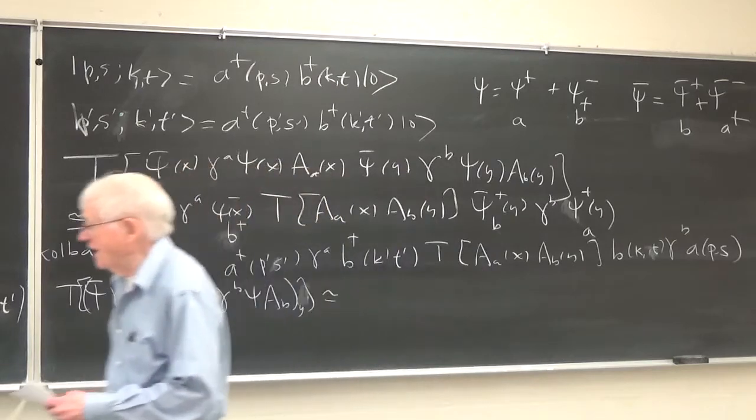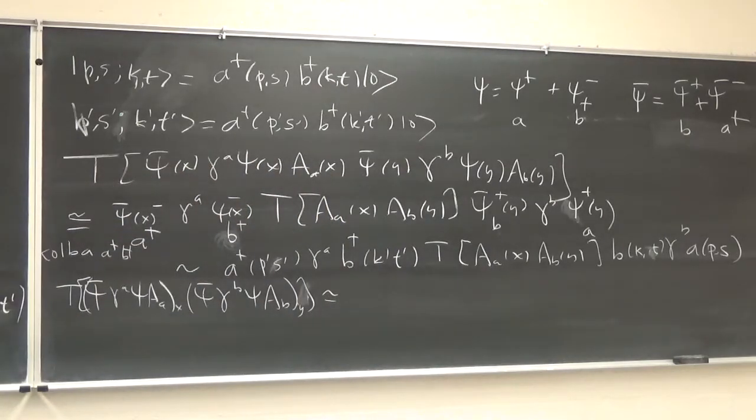What we want to do now is we want the vertex x to be one that absorbs an electron and creates an electron, and vertex y is going to absorb an electron and create an electron, and vertex x is going to absorb a positron and create a positron.